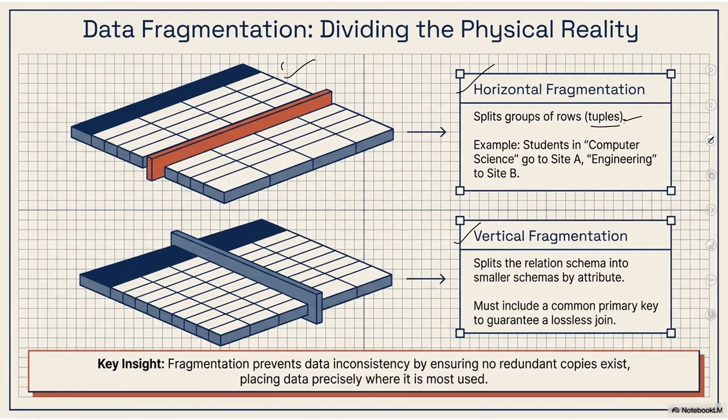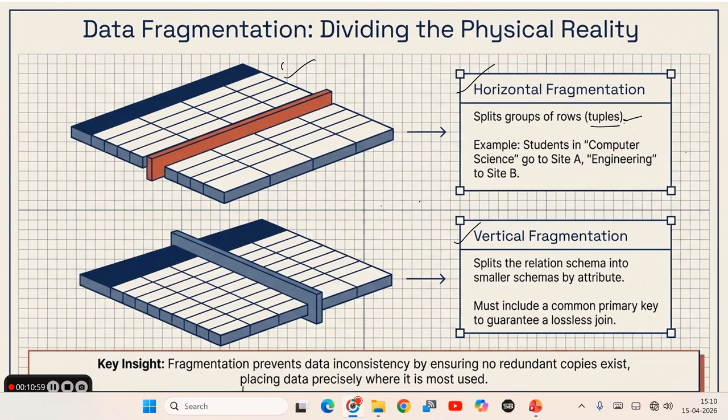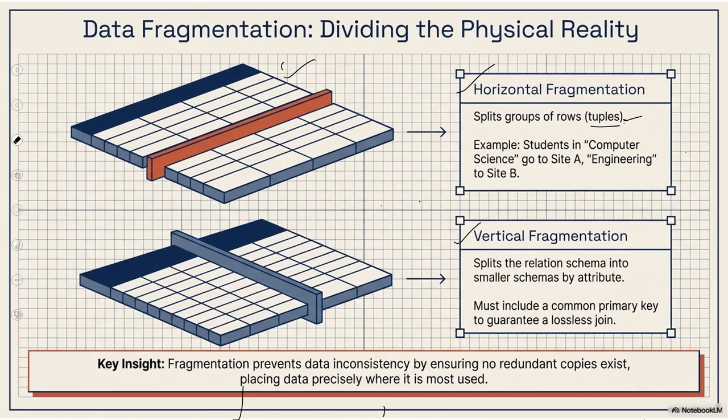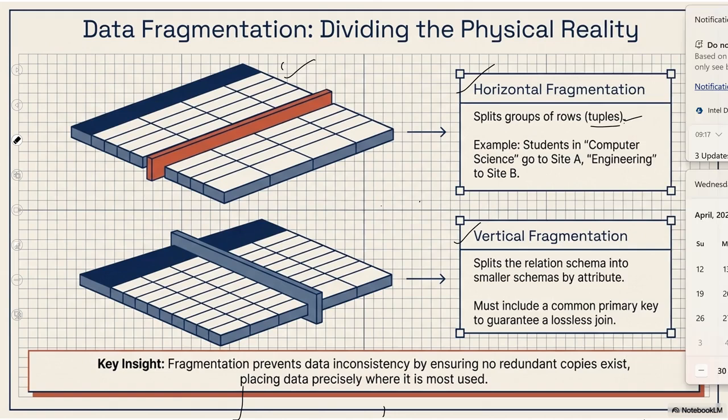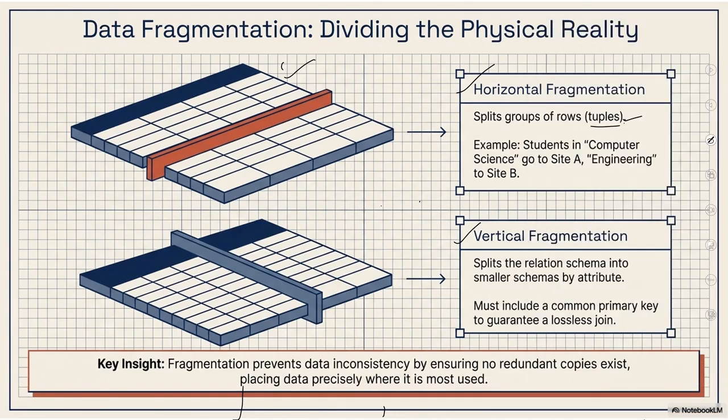This is something called horizontal fragmentation, where the data is split row-wise. Vertical fragmentation is where the data is divided column-wise.